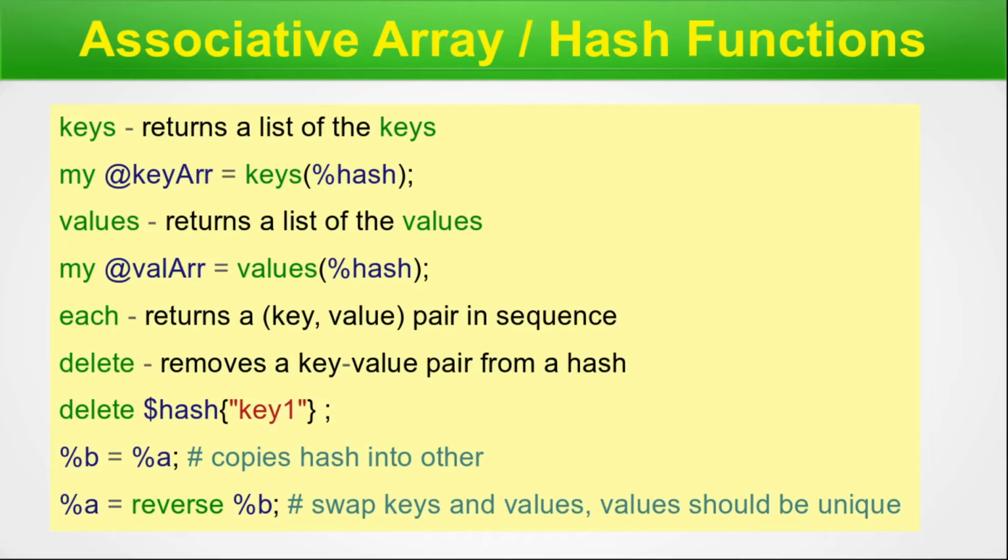That's what I mentioned in the first slide, that in a hash we cannot have a duplicate entry of index. That is the main theme always. So that will be applicable even if we do the reverse function. At that time values will become keys and keys will become values. So I think we are good to go to the next slide.